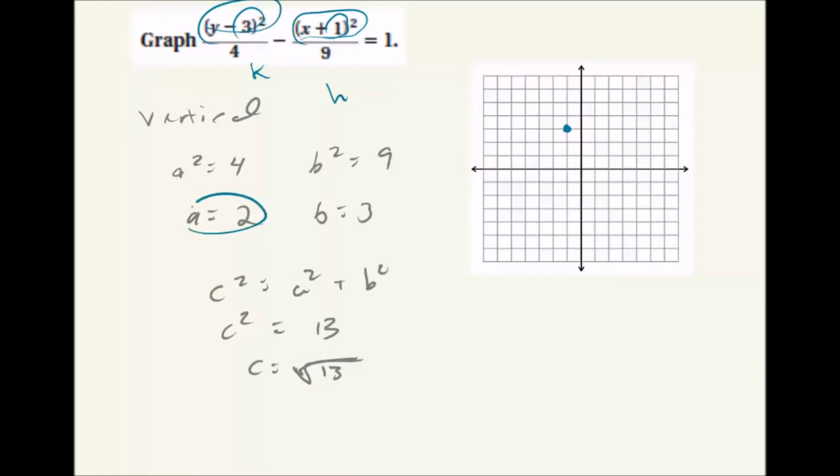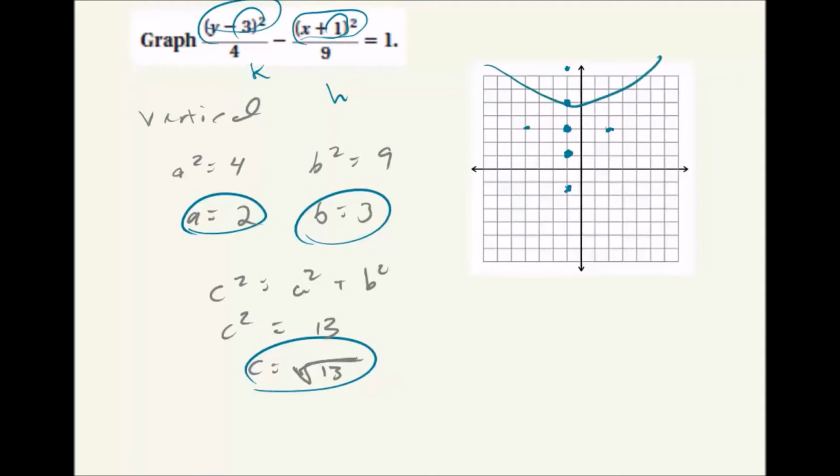Then we can just plot our new vertices, our new foci at the square root of 13 and negative square root of 13 from the center, and our new b, which is 3 to the right and 3 to the left.